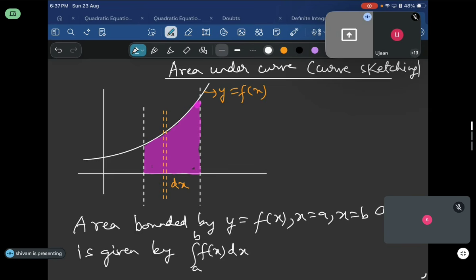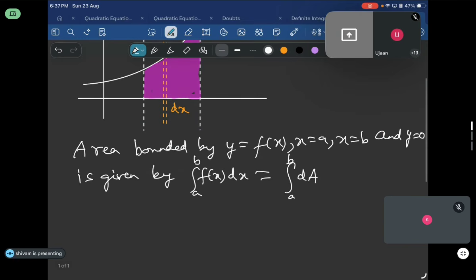Okay, everyone. Which is also equal to integral from a to b dA. Okay, that is the area differential. You can write it as the differential element of area.